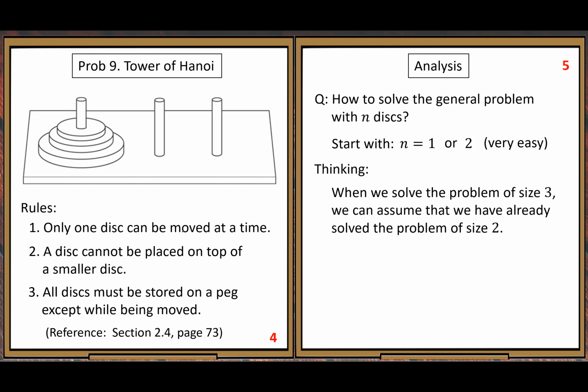So here we can assume we have the solutions for n equals 1 and n equals 2. Now let us work on n equals 3. When we solve the problem of size 3, we can assume that we already have the solution for size 2, the previous problem size.